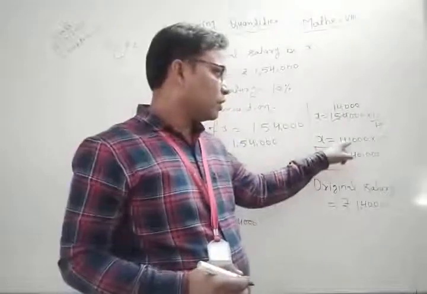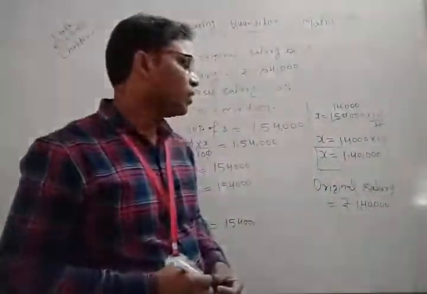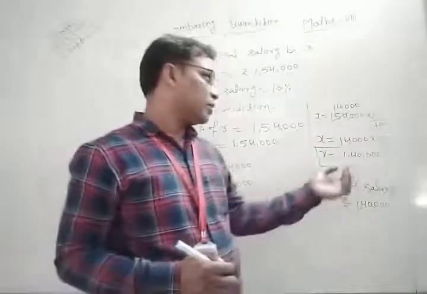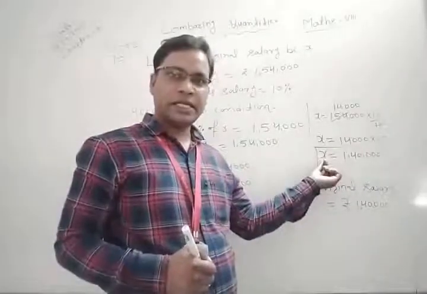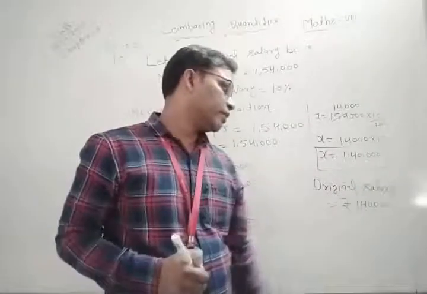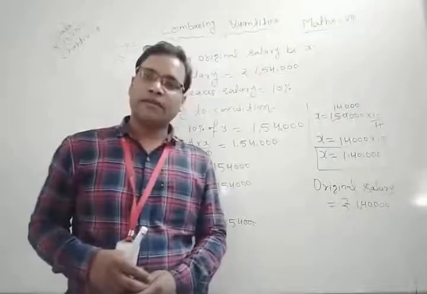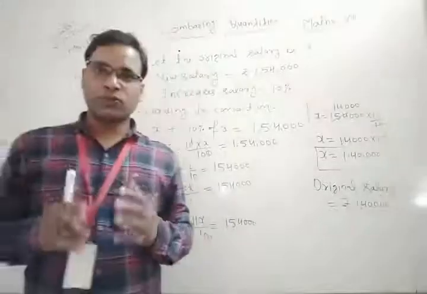Now 14,000 into 10 is equal to 1,40,000. So we let x be the original salary, and here we can write the original salary is 1,40,000. So student, I hope all of you understood this question.